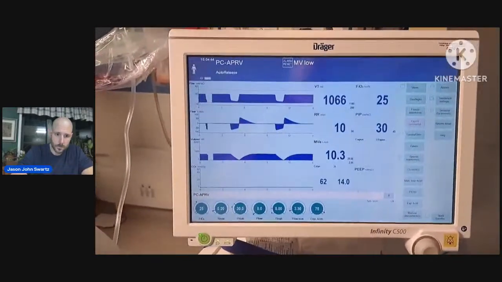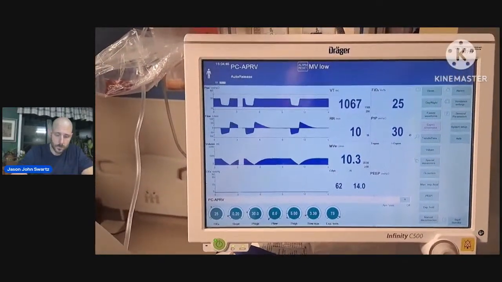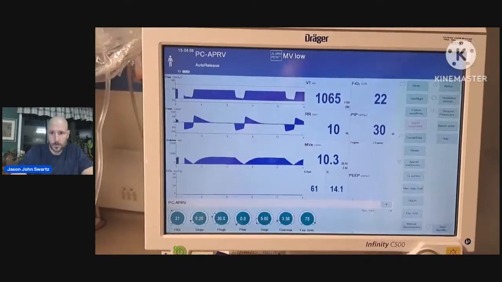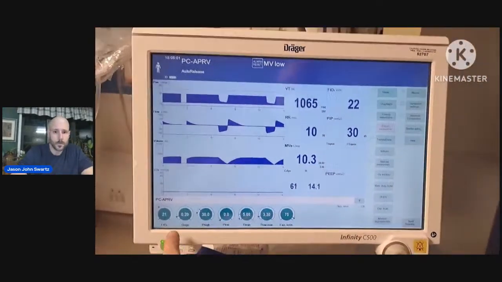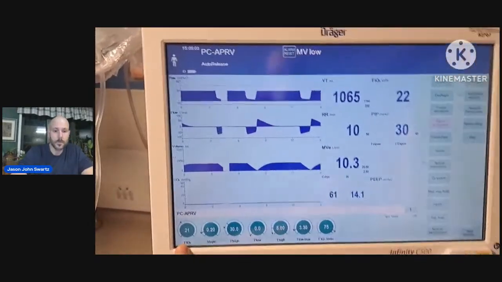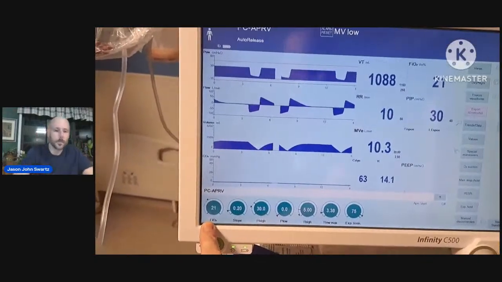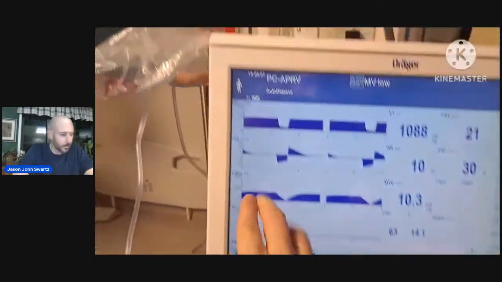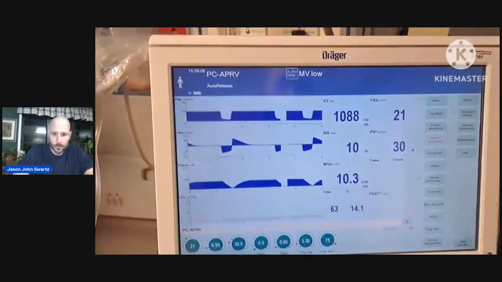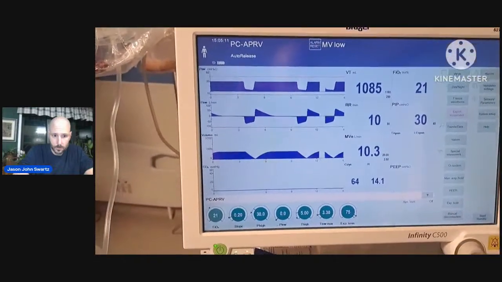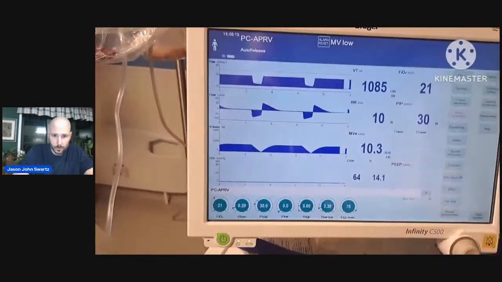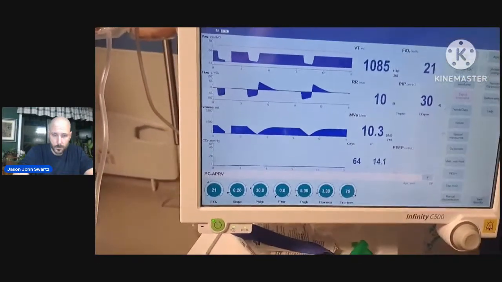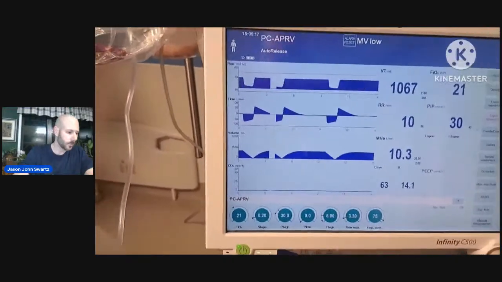But more research has to be done on this. It's also nice to mention that we were on 50% here, maybe half an hour ago, after transitioning to APRV, taking advantage of the ability to have pressure as well as time to recruit this patient relatively quickly.